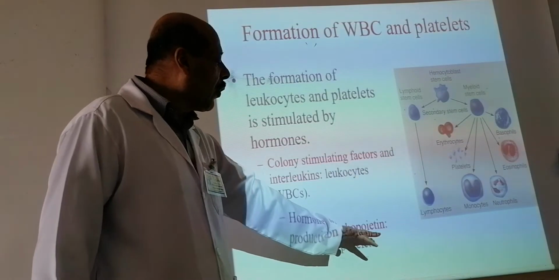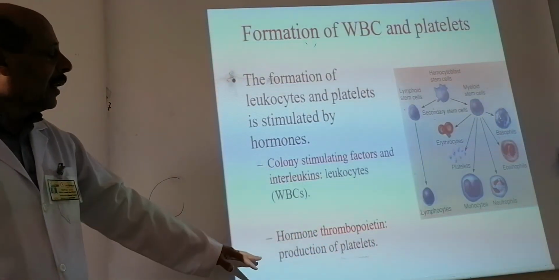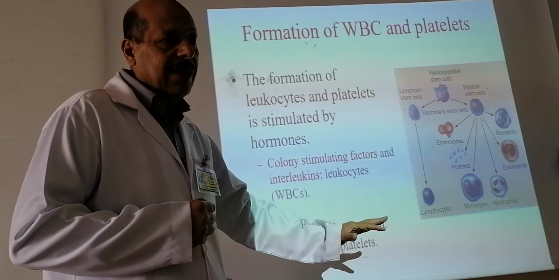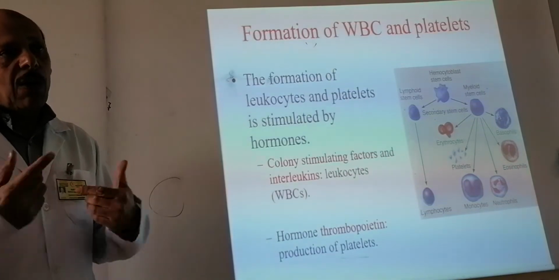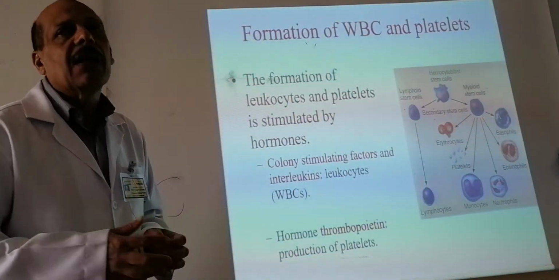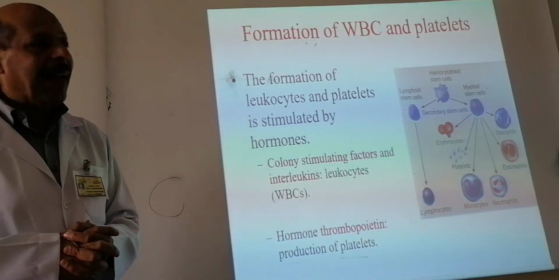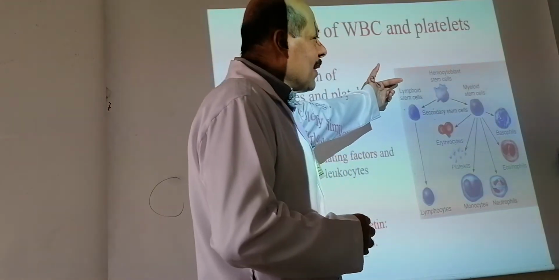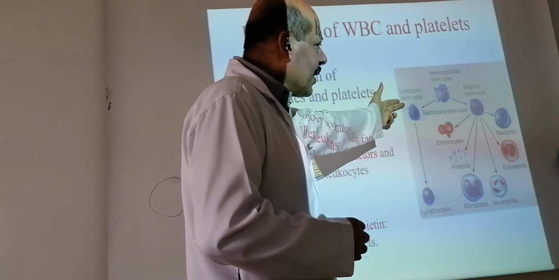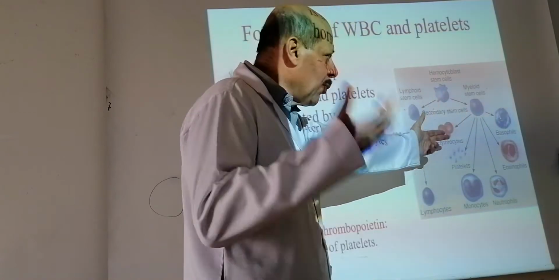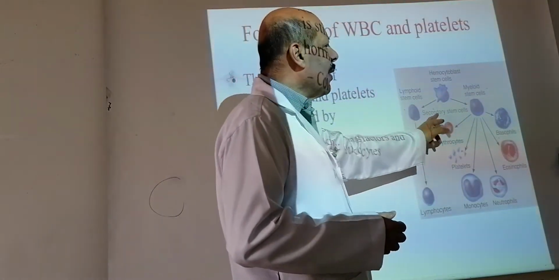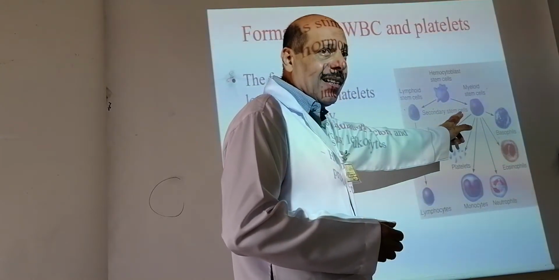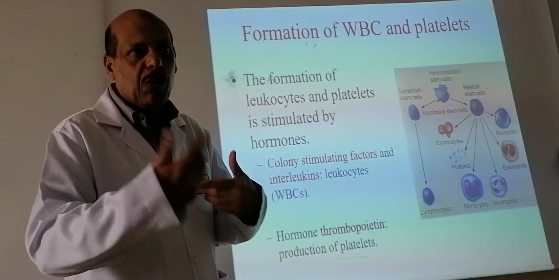The hormone thrombopoietin stimulates the production of the platelets. Those are the hormones that help in the production of the blood cells. So the hemocytoblasts or stem cells, the lymphoid stem cells and myeloid stem cells, as we mentioned yesterday, will produce secondary stem cells, the mother cells that produce the blood cells.